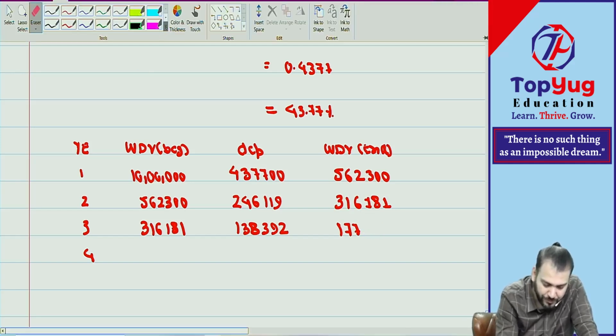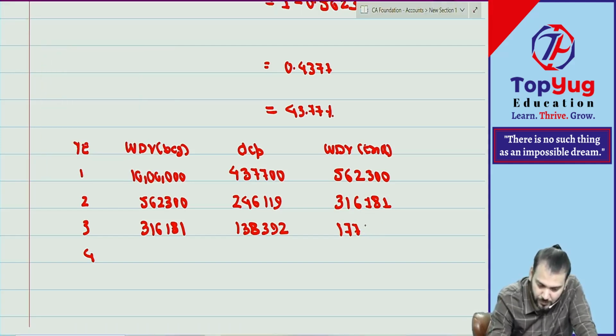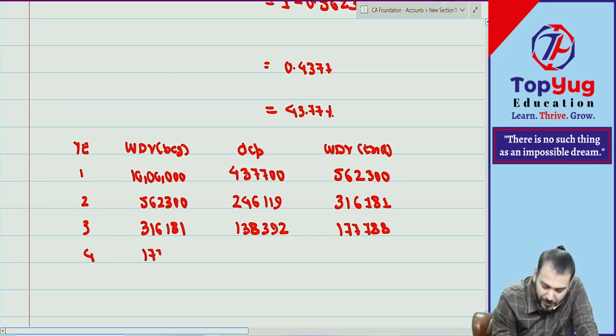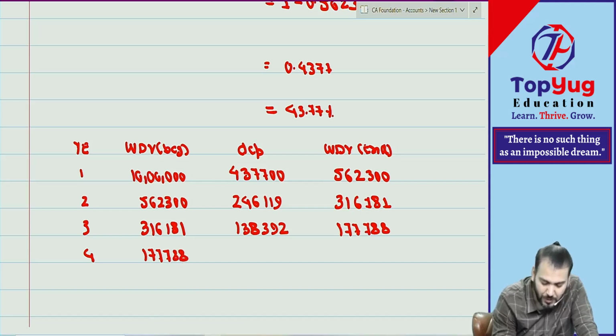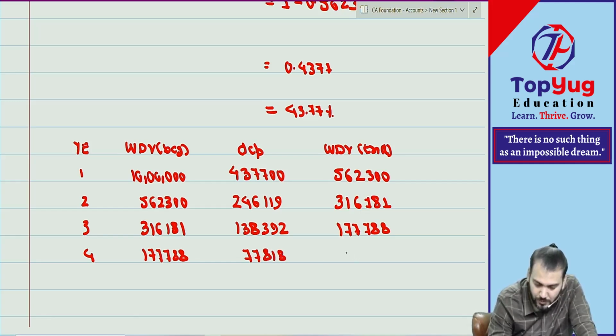How much is coming? 1,77,788. Batao. How much? 77,818. Now how much is coming? 99,970. 70 means approximately equal to 1 lakh.